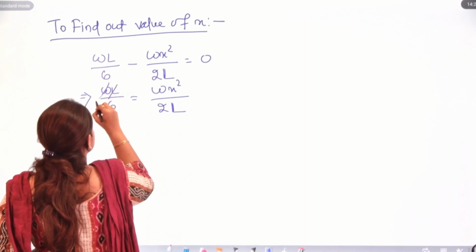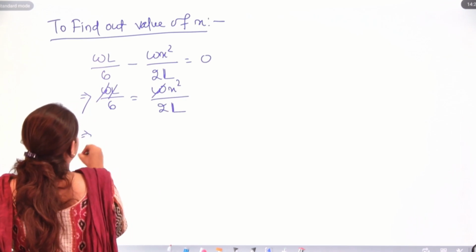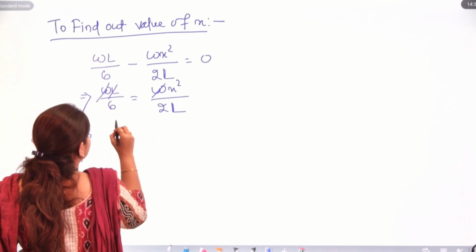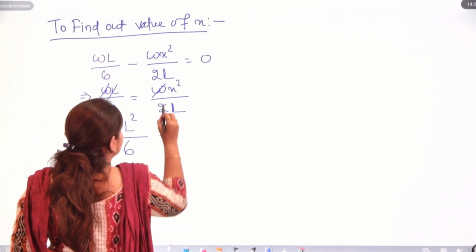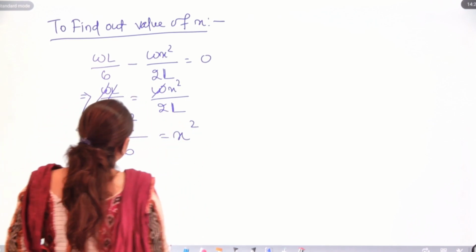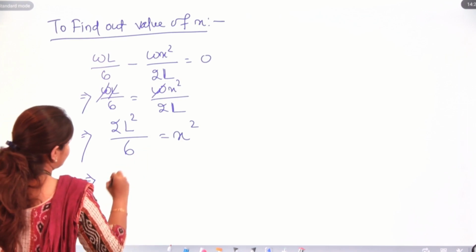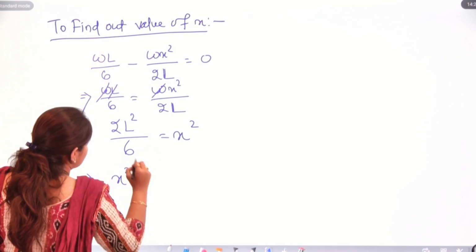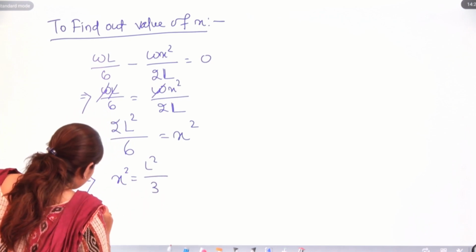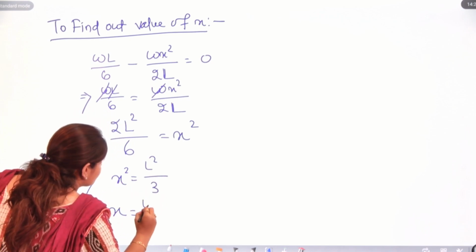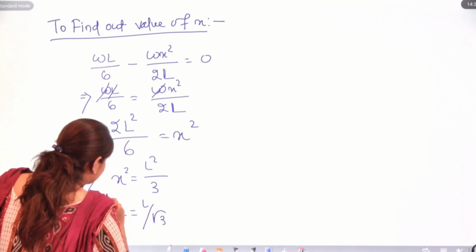The W and W cancel out, and here 2L square by 6 is equal to x square. We can write x square as L square upon 3, so x is equal to L by root 3.